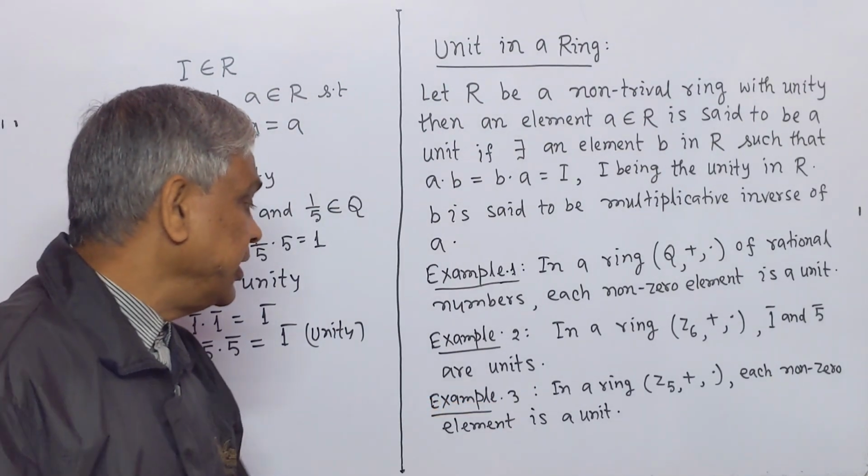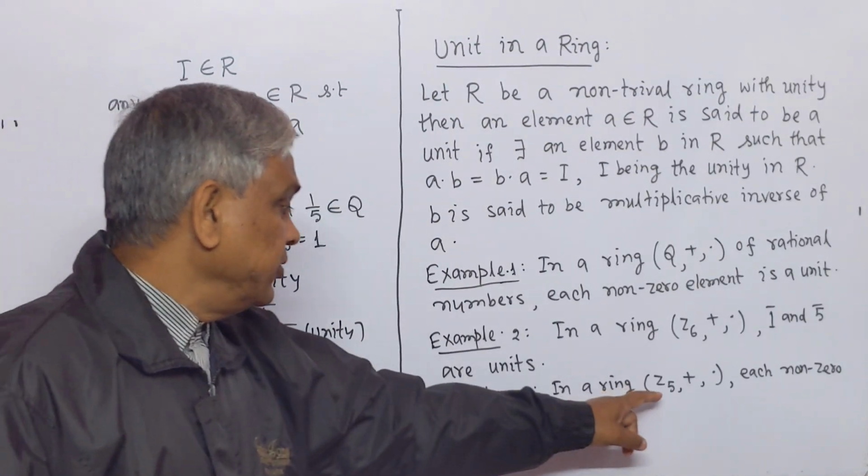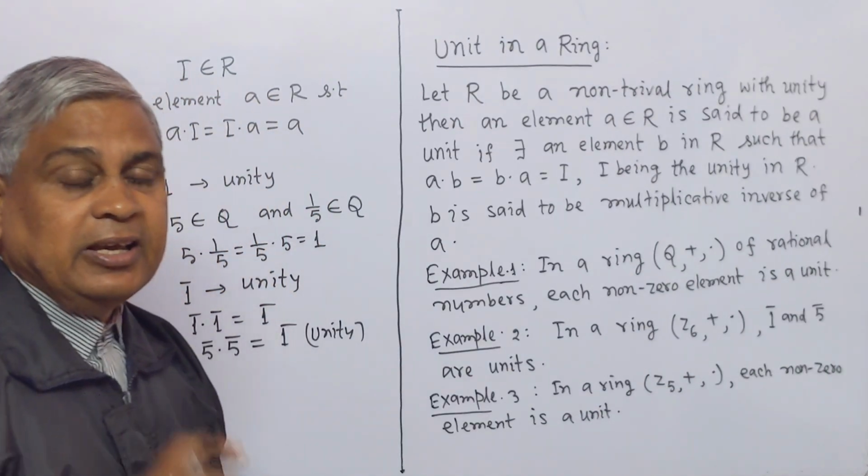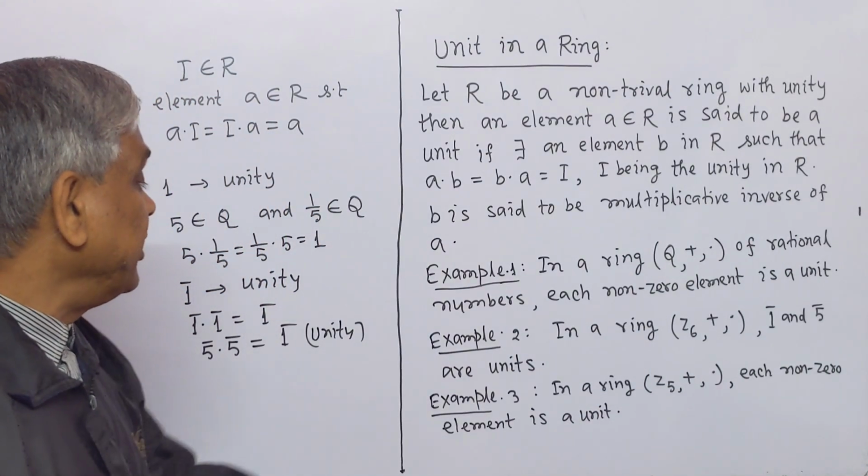In example 3, Z5 with binary operation, addition and multiplication, each non-zero element is a unit.